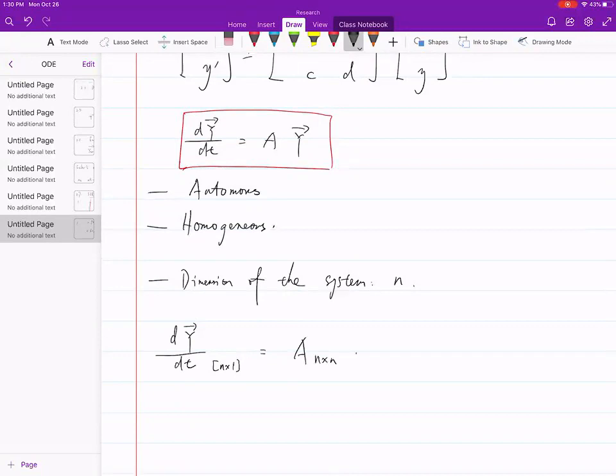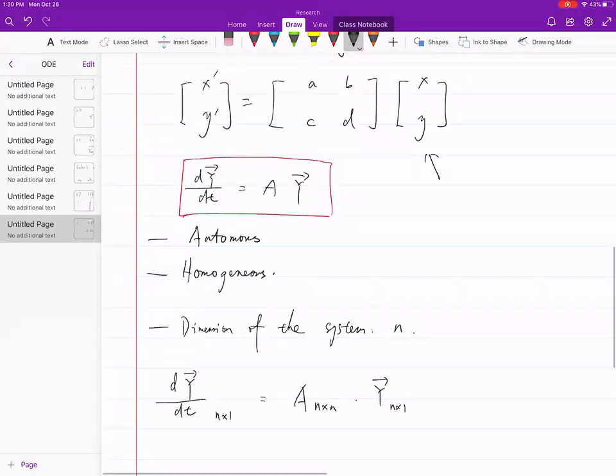And the reason is because this y here is also n by 1. For example, this is a two-dimensional system. Okay. Depending on how big the matrix is.